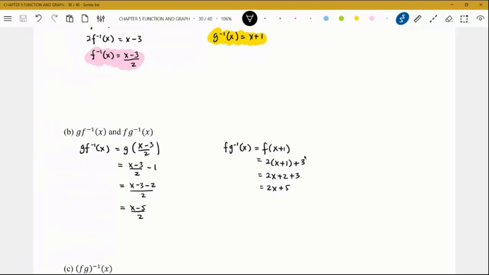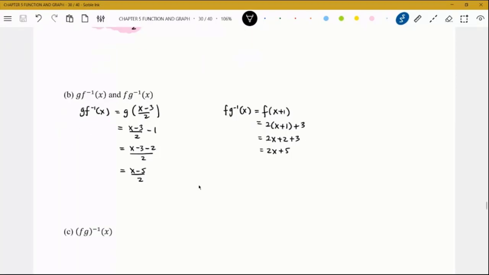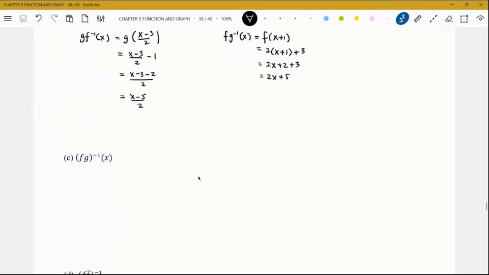Now by using part A as well, we need to find the part C and D. So we have it finding the FG inverse. Sebabkan kita dah ada G inverse dan F inverse, kita boleh terus pakai properties number 1. Which is we have G inverse F inverse X. So we substitute the F inverse into the G inverse. So F inverse kita adalah X minus 3 over 2.